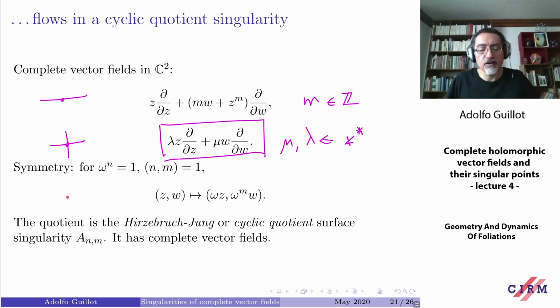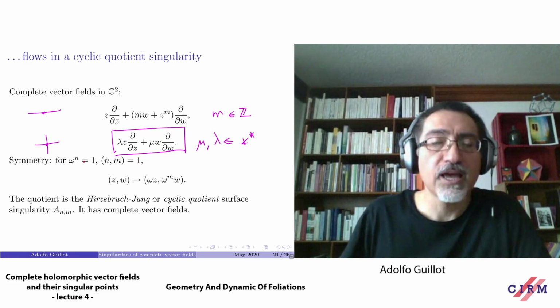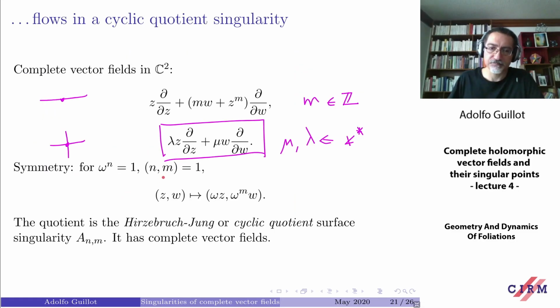And let me give you one group of cyclic linear transformations of C2 that will fix the origin and that will preserve these two vector fields. So choose an nth root of unity omega, with n prime with m, and just multiply your variables z and w by these powers of omega. So you can see that this preserves both of your vector fields, and when you take the quotient, you will find a singular point coming from 0.